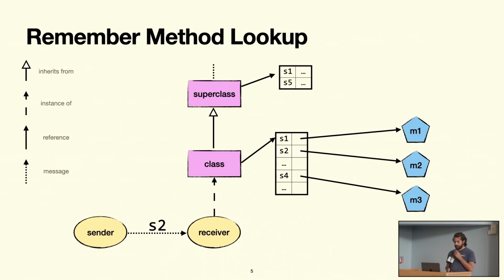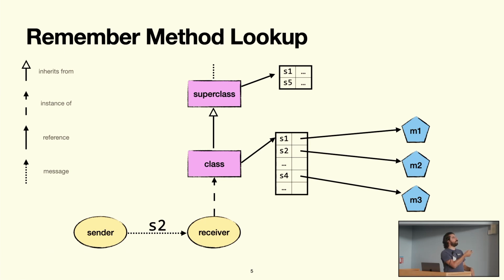So I hope everybody knows how method lookup works. The idea, I will repeat it just in case. We have an object that is sending a message to another object. So this is the sender, and this is the receiver, and this is the message. And when we send a message to an object, we are going to look up the method in the class hierarchy of the object.